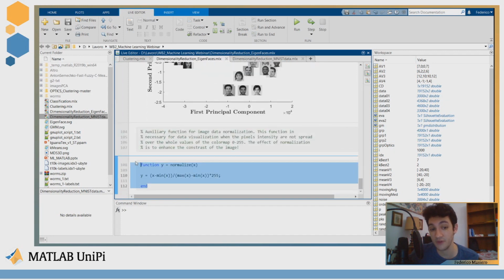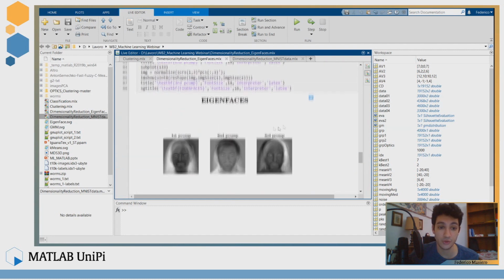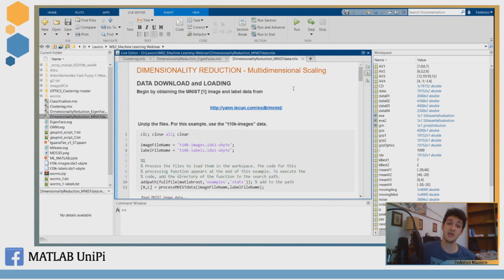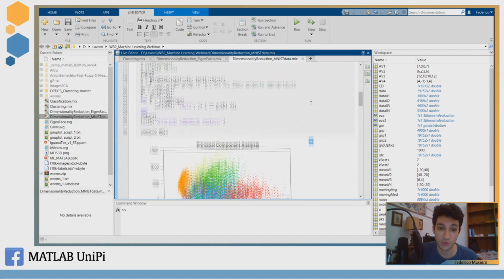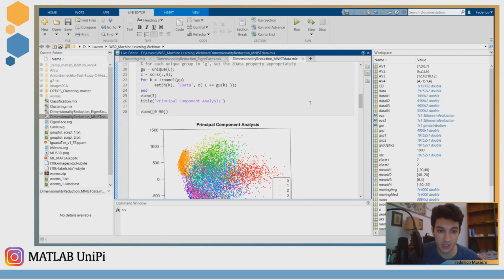There's a brief function to normalize data for the images, and as I told you, this is a script that will be available for you to play with. Another example of dimensionality reduction, and here I go faster, is to play with the MNIST dataset.